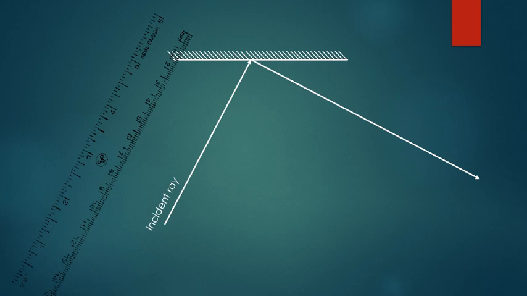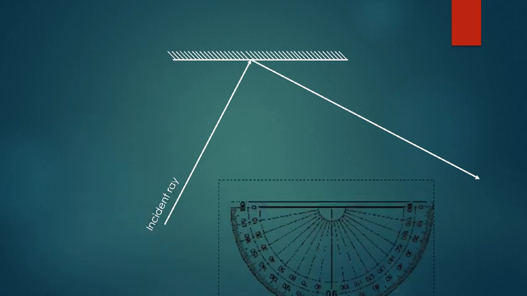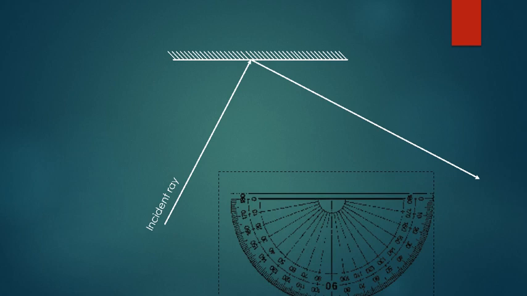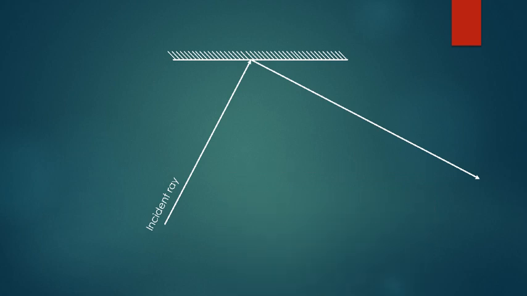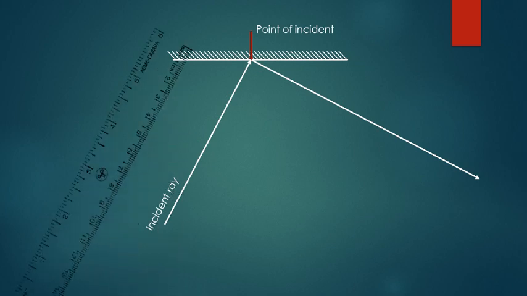We need to follow the properties of reflection, and here we need to use a protractor. But first of all, don't consider this line, it's a wrong reflection. This particular point where the light ray falls is called the point of incidence.